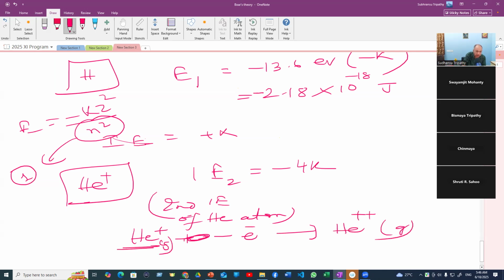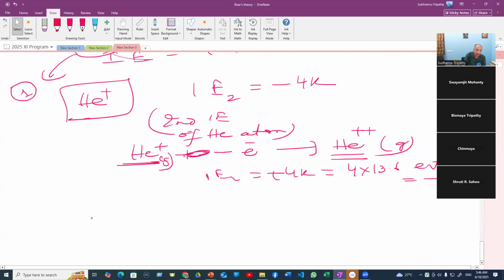So this conversion, He plus to He double plus, is plus 4K. So IE2 is equal to plus 4K, and in electron volt, it will be 13.6 electron volt into 4, whatever it comes.